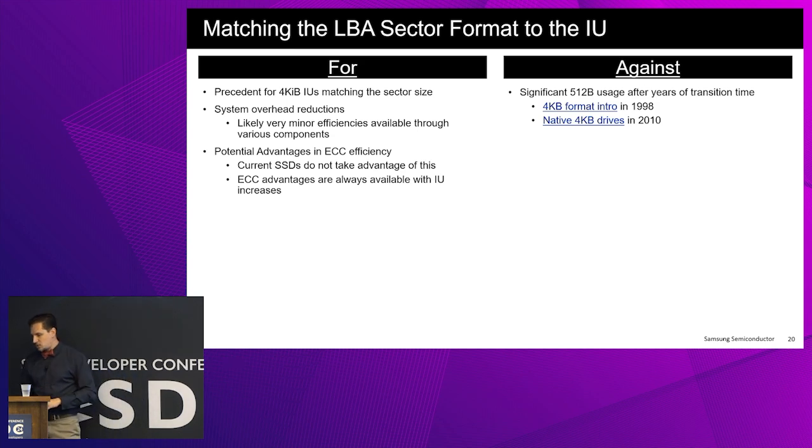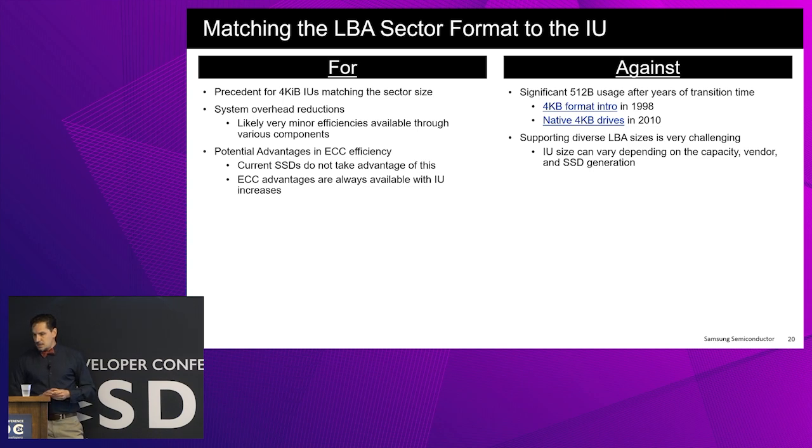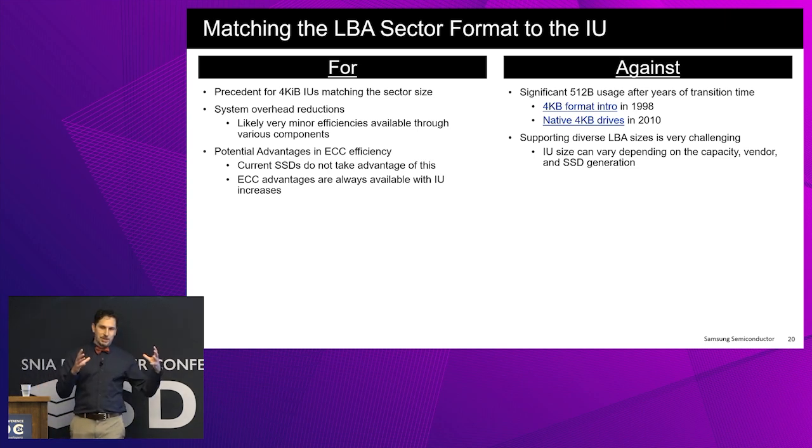I think it's going to continue, that we need that access size for the drives. So I think that we're going to have to support various LBA sizes no matter what, and we're going to need to support those various LBA sizes every single time we ship an IU size.